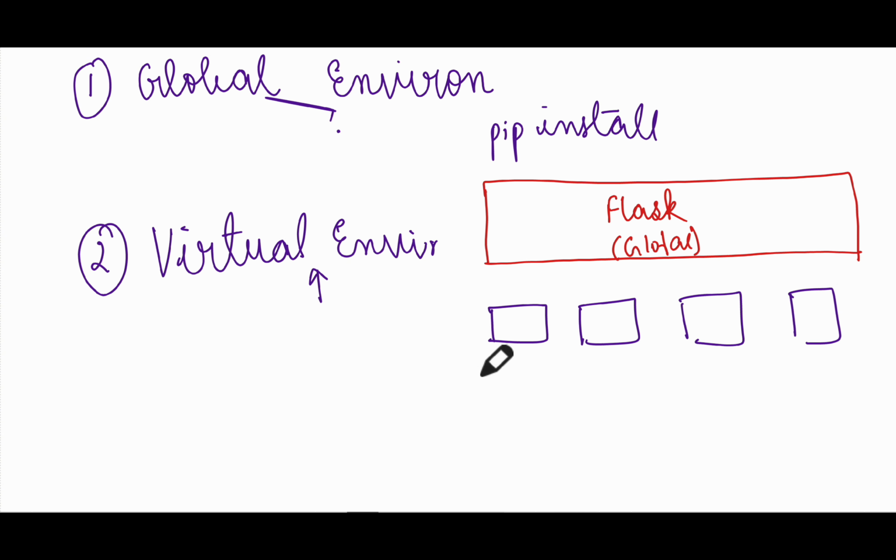For example, let us say you have installed Flask version 2.0 and you have multiple projects, project 1, project 2, project 3, project 4. Your project 1 and 2 require Flask 2.0 only, so they will run perfectly. But what if your project 3 and 4 require Flask 1, because Flask 2 has some advanced features, and the way you coded projects 3 and 4, if you use Flask 2.0, your code will break down.